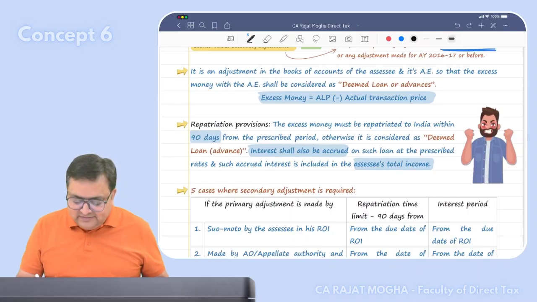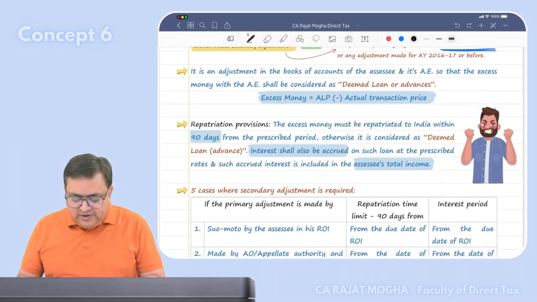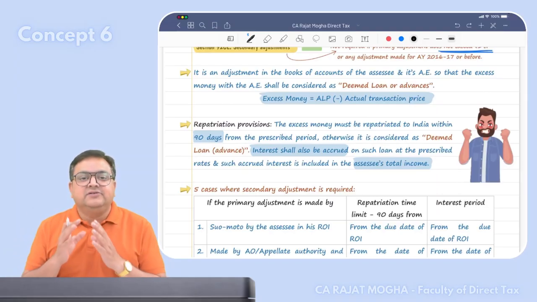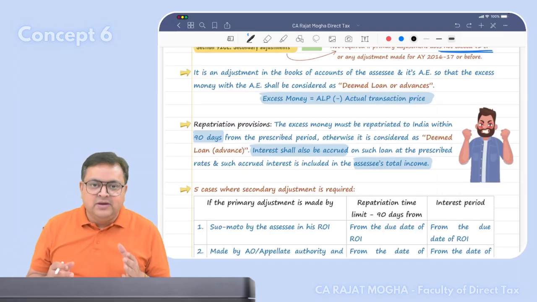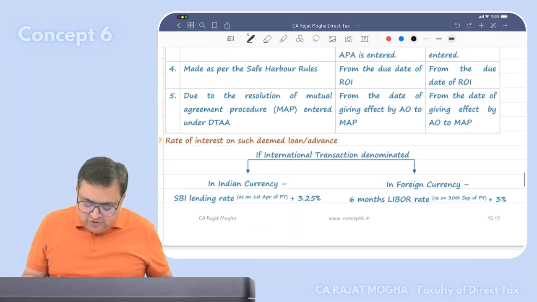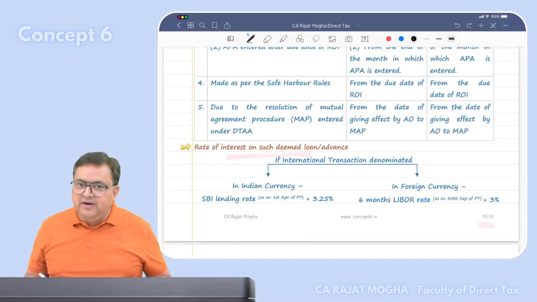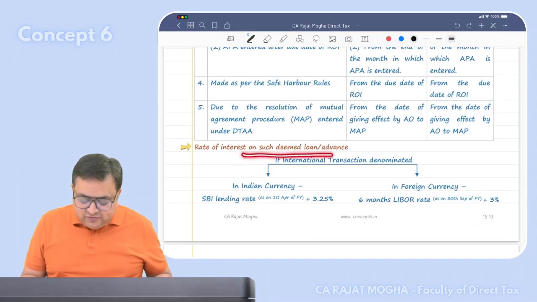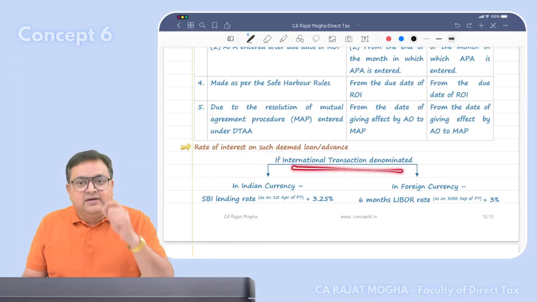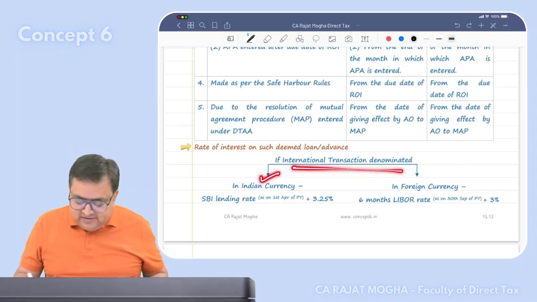Now let us understand, sir, what is the rate of interest? Very, very easy and important. It depends on whether this international transaction is denominated in Indian rupee or in foreign currency. I'm on page number 15.13. The rate of interest on such deemed loan or advance would depend on which currency the international transaction is denominated in, Indian currency or foreign currency.